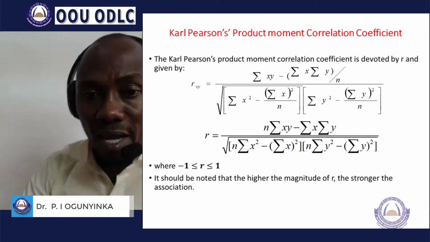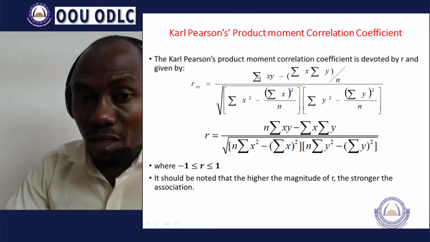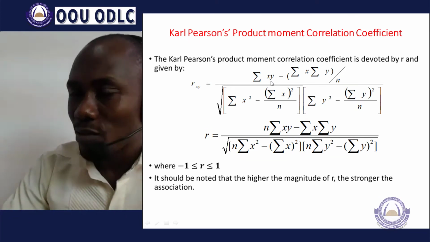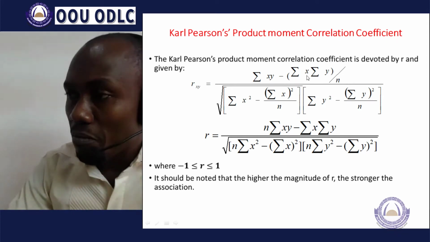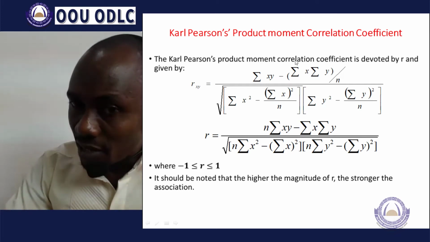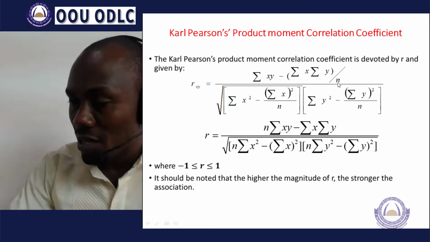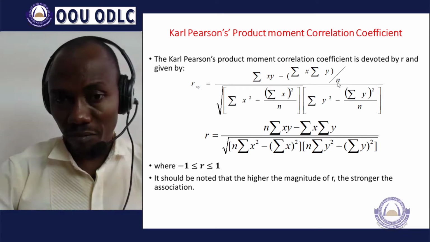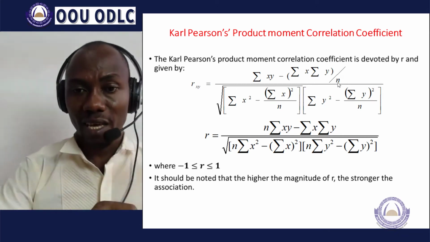The numerator on the right hand side of this equation is the summation of the product of x and y, minus the bracket of the summation of x multiplied by the summation of y, divided by the sample size represented by n. Small letter n represents the sample size, which is the number of observations in the data set you have.